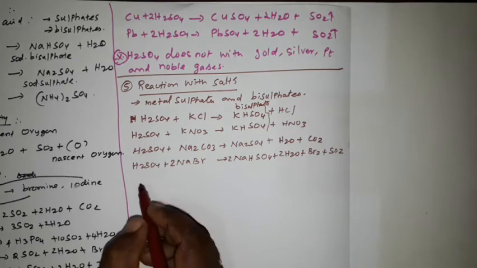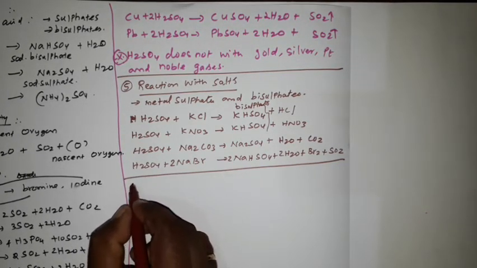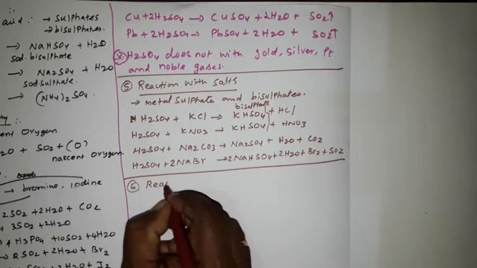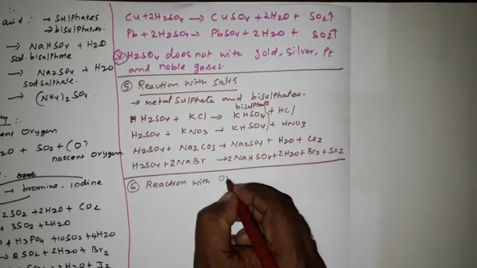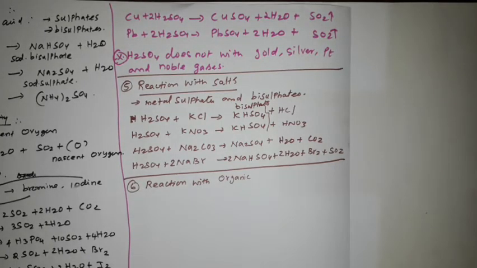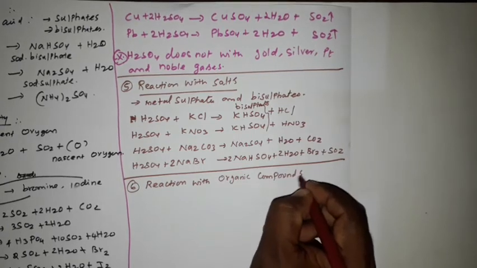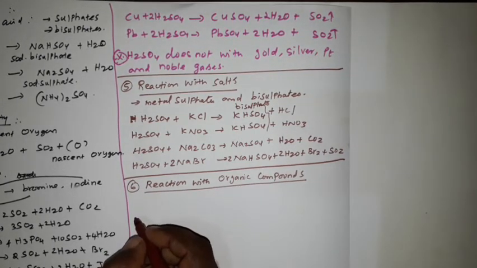Okay, next reaction, reaction 6, that is reaction with organic compounds. It reacts with organic compounds such as benzene, and it will produce sulfonic acid.